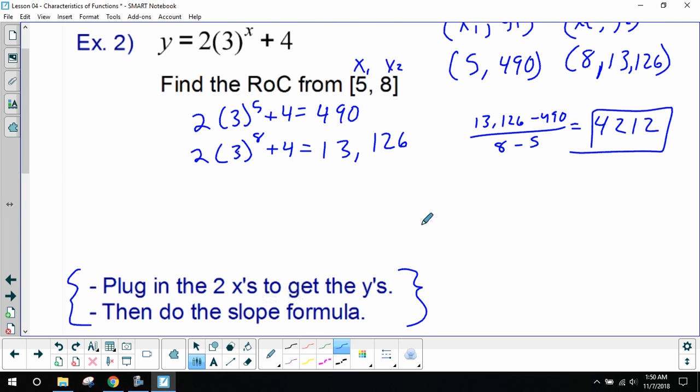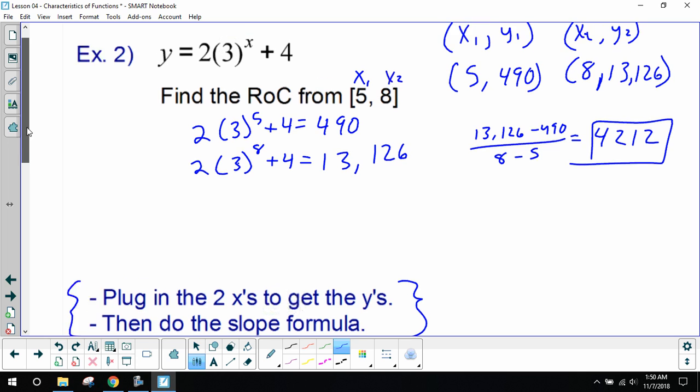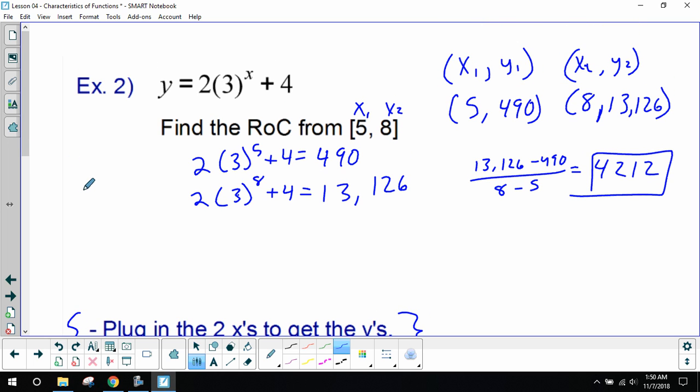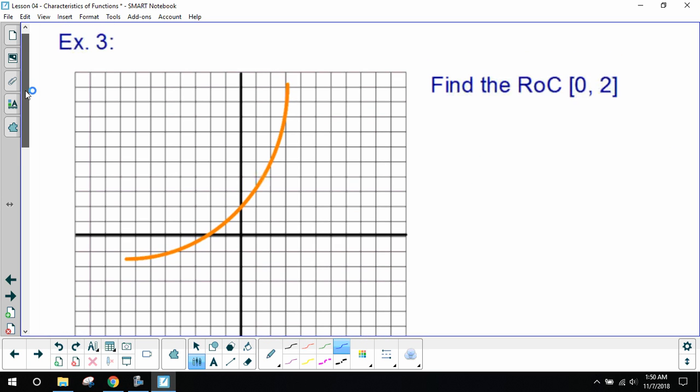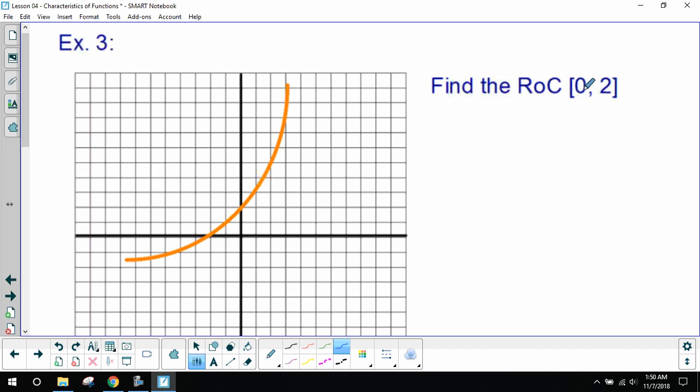Sometimes you'll see graphs. For rock 2, remember these are x's. If I were you, I'd get the points. x1, y1, 0. If you go to the 0, oh, right there is 1, 2. Let's get the other one. X2 is 2. Go over to the 2. Go up. 1, 2, 3, 4, 5.